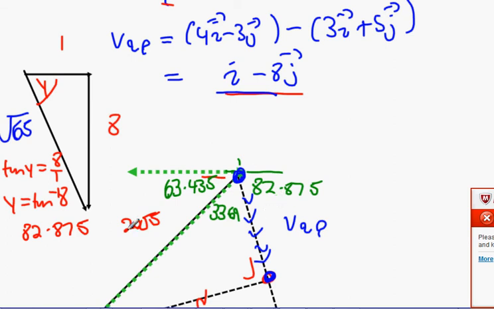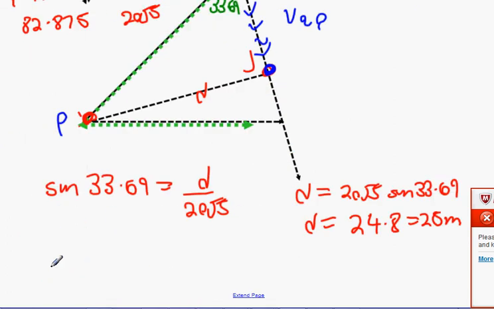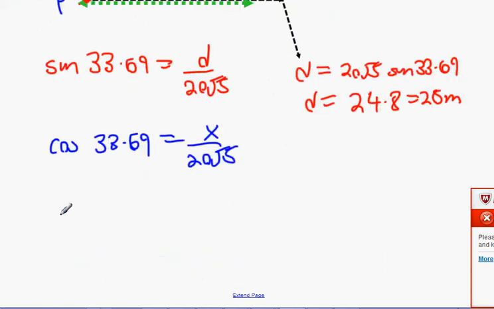I now need to find its distance. How do I find its distance? Cos 33.69, we'll call it x here, equals x over 20 root 5. Can anybody in class tell me what 20 root 5 cos 33.69 is? 37.2.